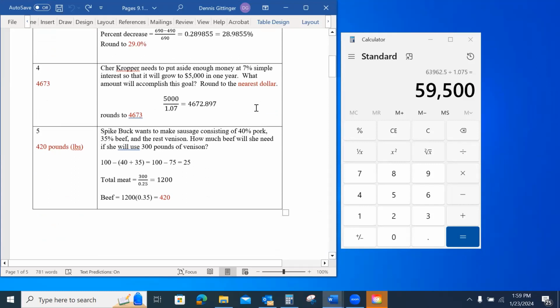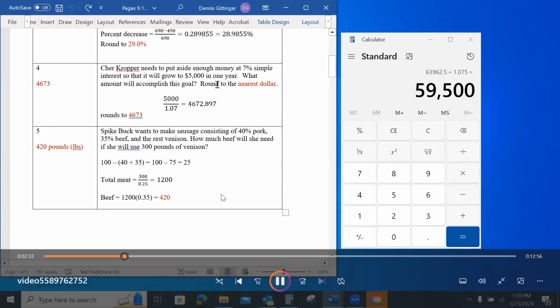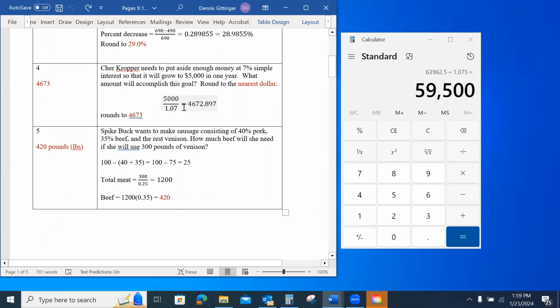So number 4, we're going to put aside some money, and at the end of a year, we're going to get $5,000 into our bank account based upon whatever we deposit plus the interest. Again, you do not multiply the $5,000 times 0.07 because that's not what you're going to deposit. 5,000 instead is some number that you do deposit plus 7% of that number.